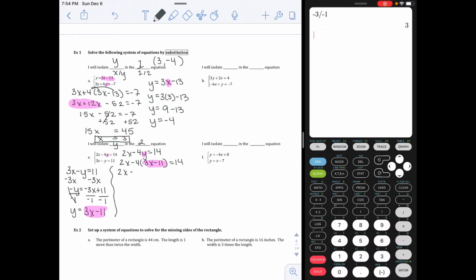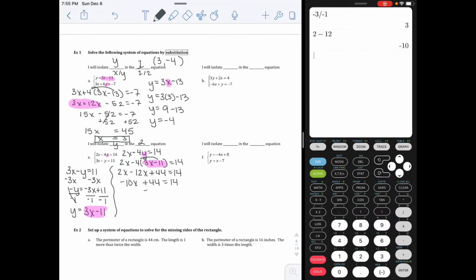2x minus, let's distribute. So 12x, negative 4 times the negative 11, positive 44. Let's combine our x's. So we have 2 minus 12 to get a negative 10x plus 44 equals 14.